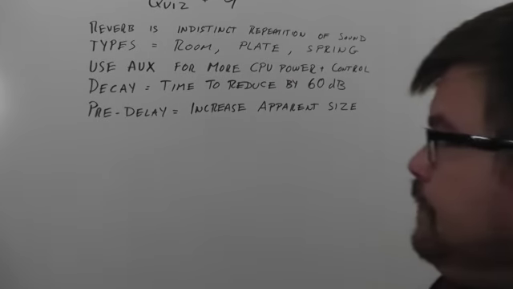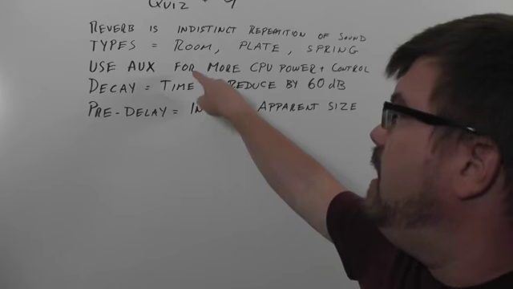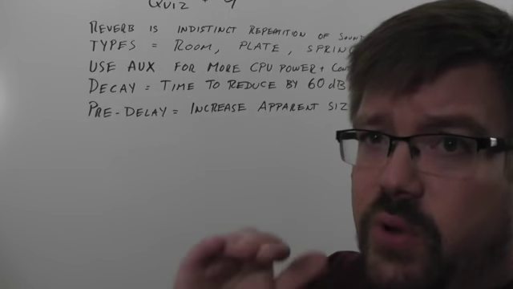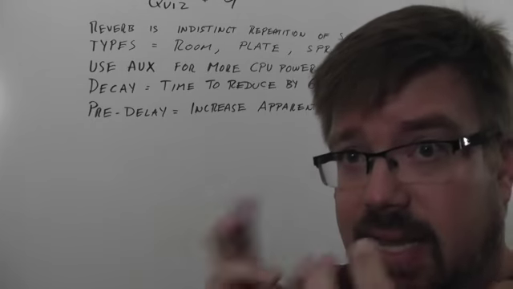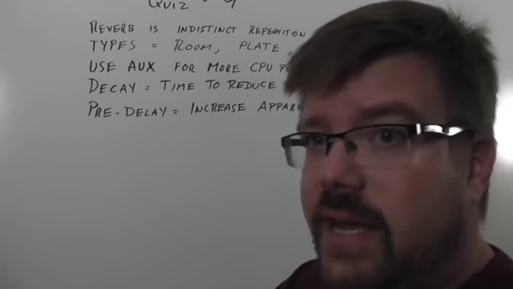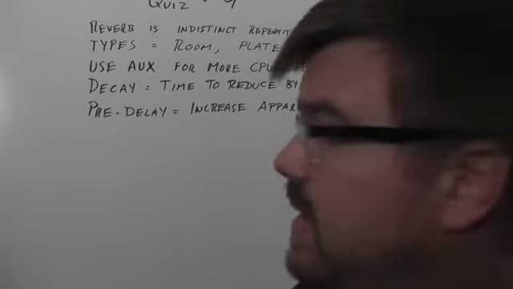Good. I always tell you to use an aux track for your reverb, and I've got two reasons for this. Number one is to save CPU power. Reverbs are pretty expensive for computing power, and if I put one on every track, it's going to start to eat up the power of my computer, whereas I could just make one, aux everything to that, and save some power.